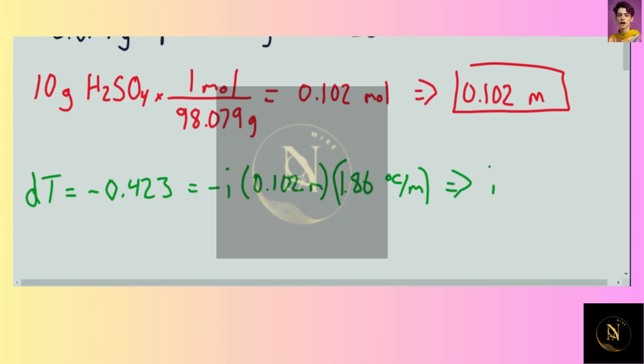And so we calculate our i value by dividing both sides by the molality and constant to be 2.23. It's above 2 because H2SO4 is a diprotic acid, so both of these hydrogens have a chance to go into solution.